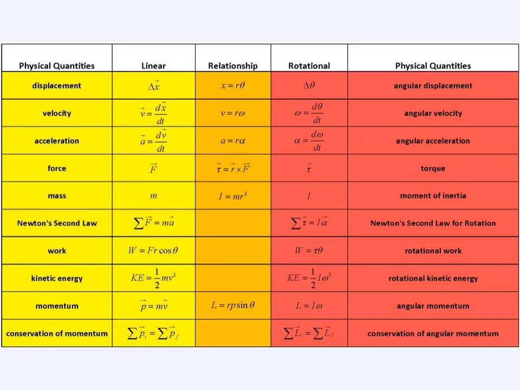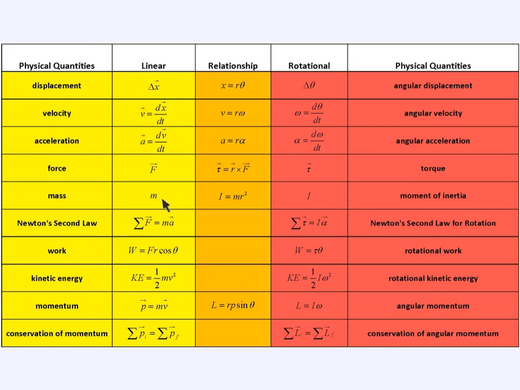Then another concept that we dealt with in linear terms was force. And now we know that if that force does not act at the center of mass of the object, it can cause a rotation and hence a torque. So the relationship between force and torque is the cross product between the lever arm, or the distance from where the force acts to the axis of rotation, and the force that causes the rotation.